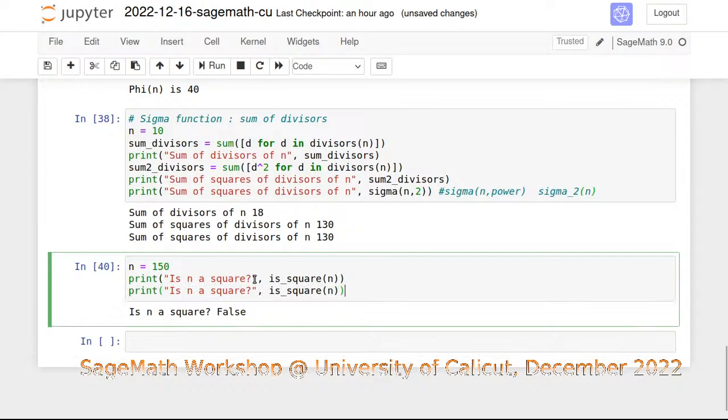Second is n square free. A square free integer is one which has no square divisors, no square factors.